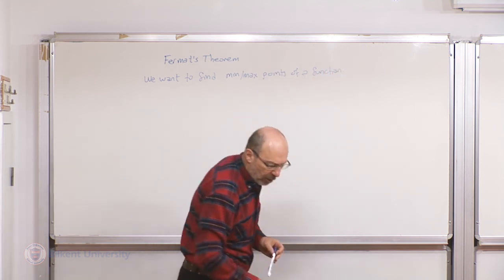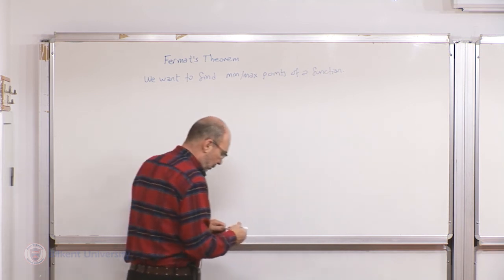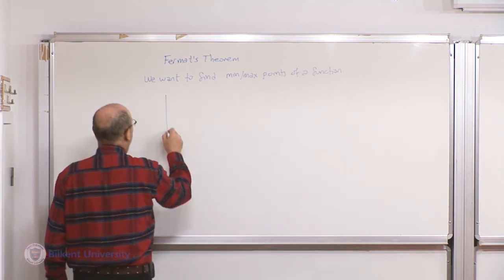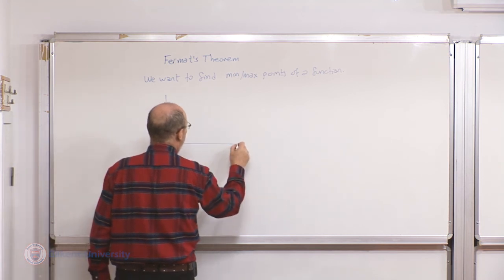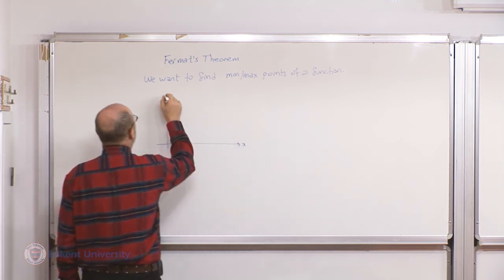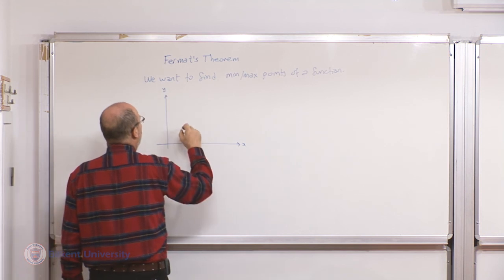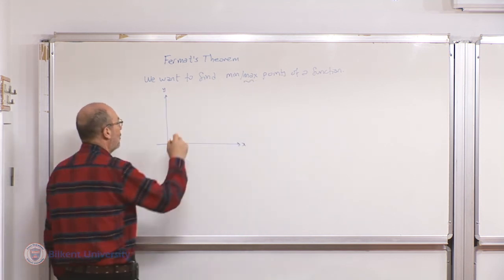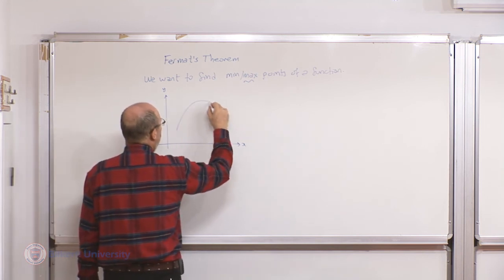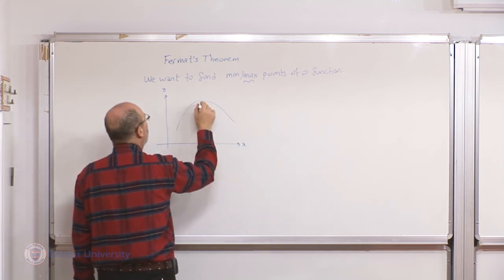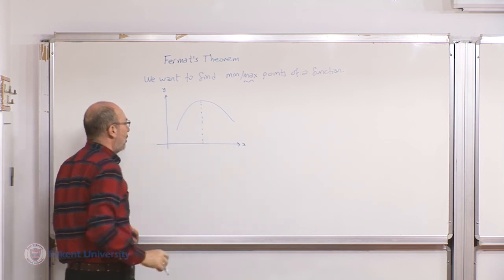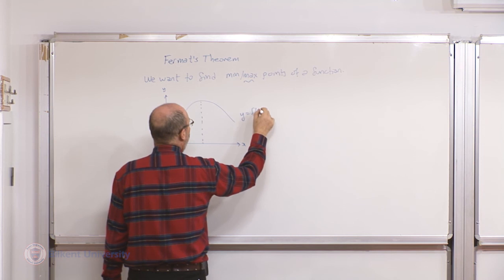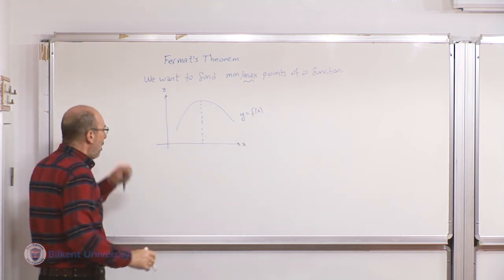Okay, so let us draw a figure. So this is the picture. So first let us concentrate on what happens at the maximum case. So let us exaggerate and give a typical nice figure like this. So this is our function y equals f of x, and this is the graph.